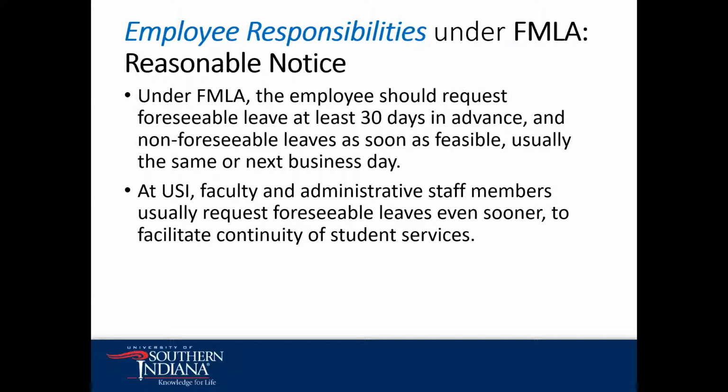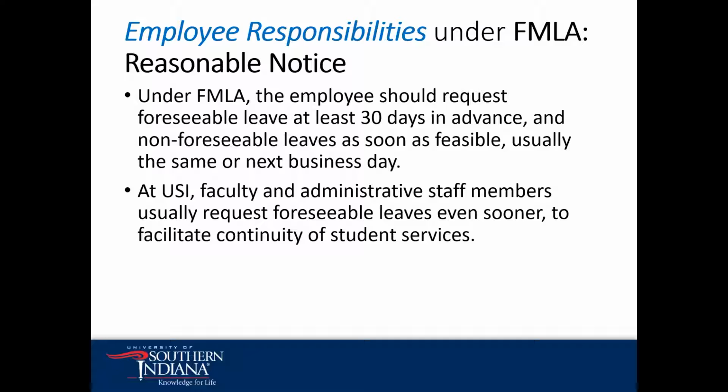Next couple of slides, let's talk about reasonable notice. This is your employee's responsibility. Under FMLA, they need to give us at least 30 days advance notice if it's foreseeable. So if they have an expected pregnancy or an expected surgery way in advance, they should let us know 30 days ahead. But if it's unforeseeable, then as soon as possible.